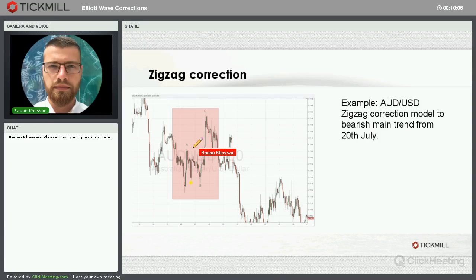This is the end of the first part of the wave. This is the finish point for the second part of the wave, and of course the start of the third wave.